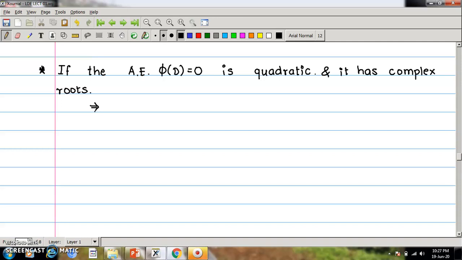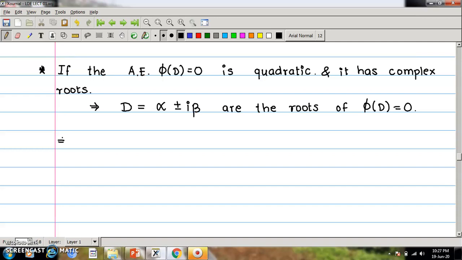That is, if we consider D equal to alpha plus or minus i beta as the roots of the auxiliary equation phi of D equal to 0.